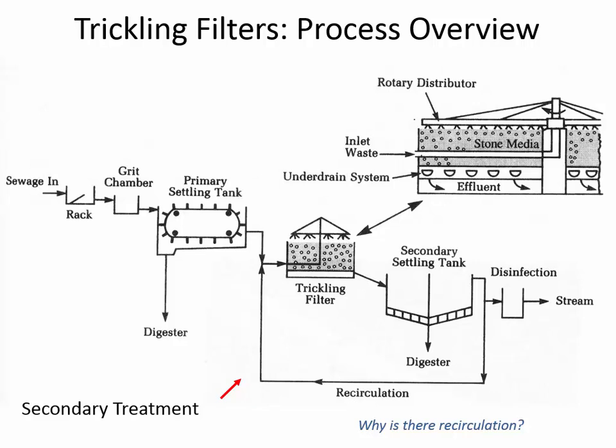Think about a rock that's covered in slimy bacteria. When it gets really, really thick, the water sprays it, and then all of that slime layer falls off. So if we have the recycling from after the secondary clarifier, then what we're taking back to the head end is more water and less of that sloughed layer.